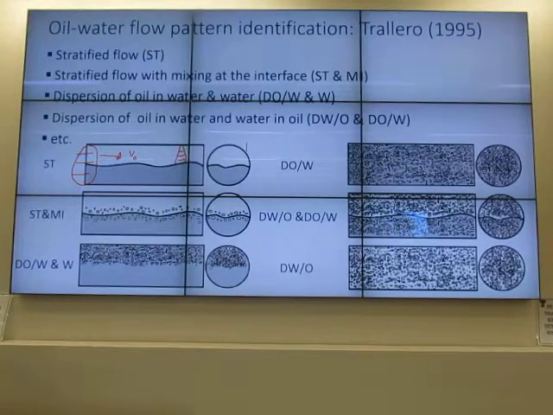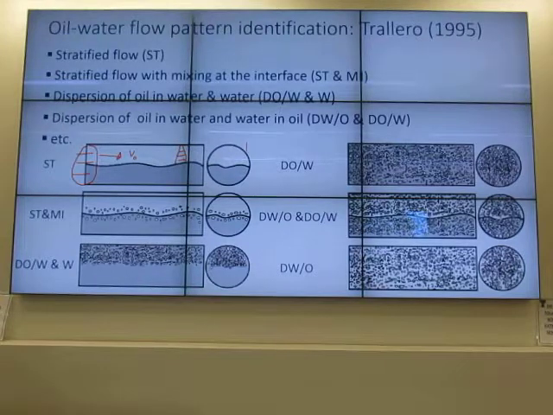A little bit? Probably, right? So for stratified flow, actual velocity is higher than superficial velocity. Superficial velocity is volumetric flow rate divided by the whole pipe cross-section area. But the actual velocity is volumetric flow rate divided by just the cross-section area that is occupied by that phase.